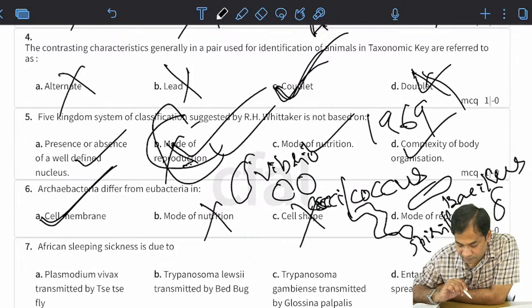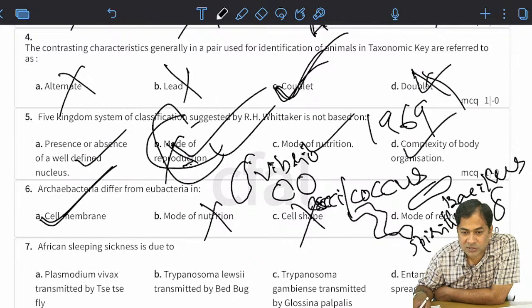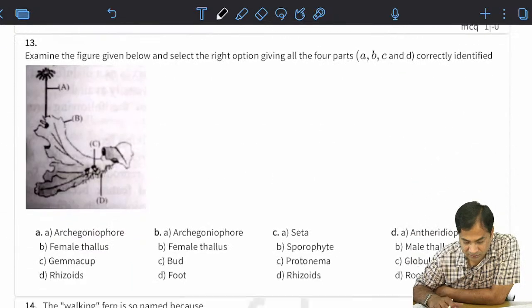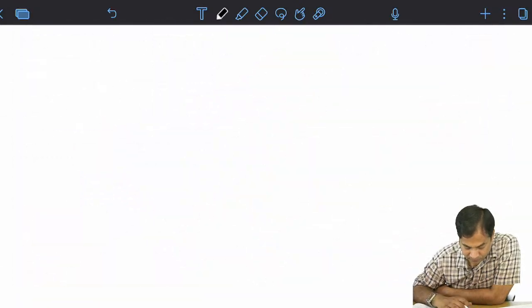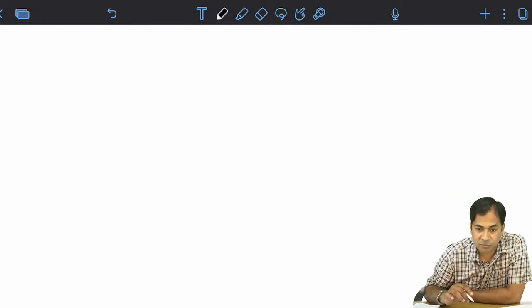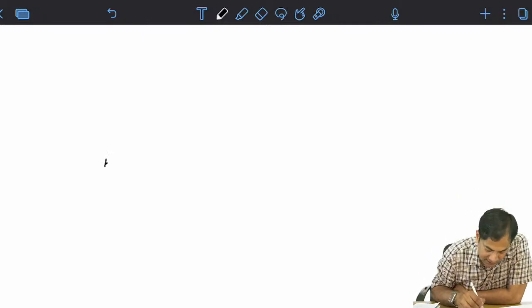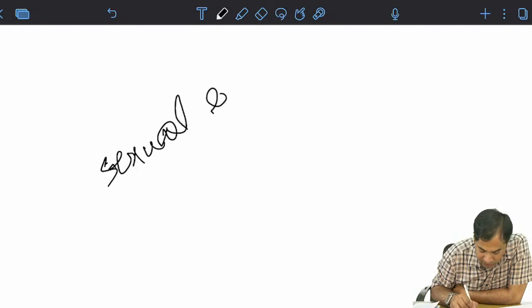So mode of reproduction. Asexual method is also there, where binary fission occurs in bacteria. Then sexual reproduction: there are three methods of sexual reproduction in bacteria. That is common for both archaebacteria and eubacteria. Let us see sexual reproduction in bacteria.